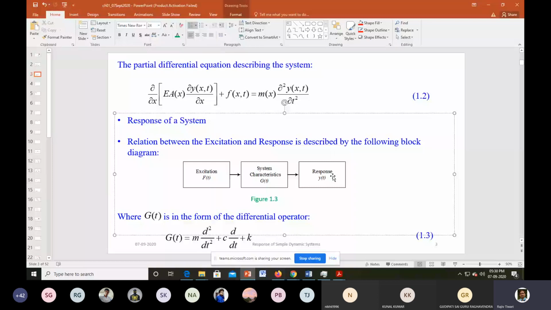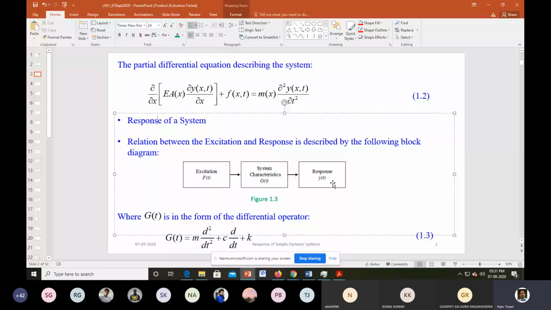So this is a typical block diagram of a dynamic system having excitation, system property, and response.